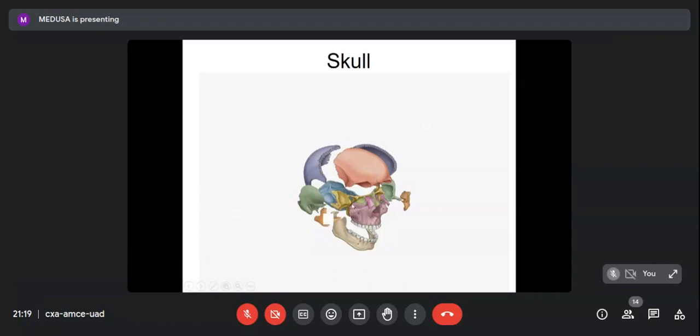Of course, it's a bit distorted, but what we need to know is that here we have the cranium, where the brain will sit, and the upper part here is what we call the calvaria, and then down here is what we call the base. Then here in front, where we're able to see the maxilla bone, is what we call the facial skeleton. You can see the mandible.